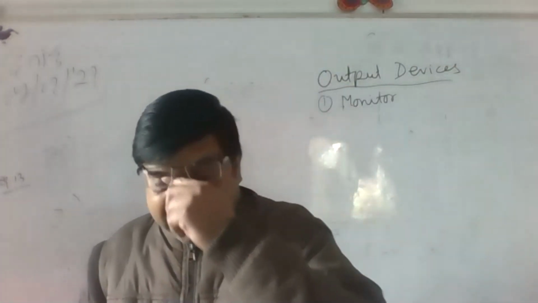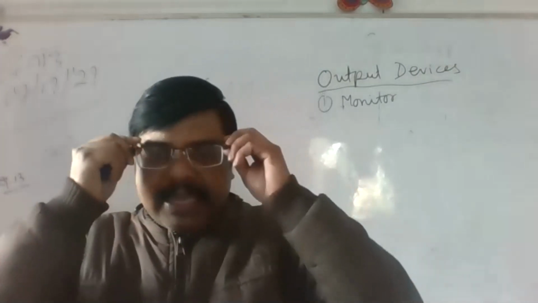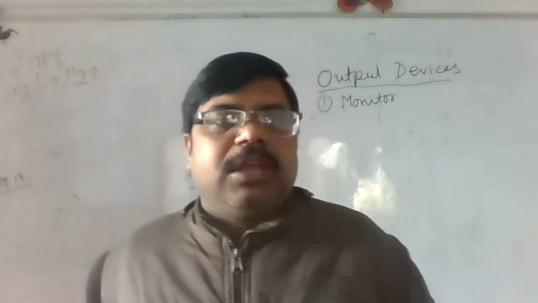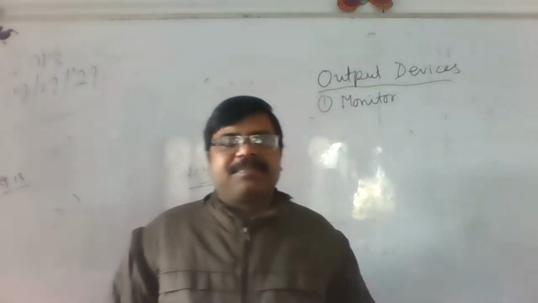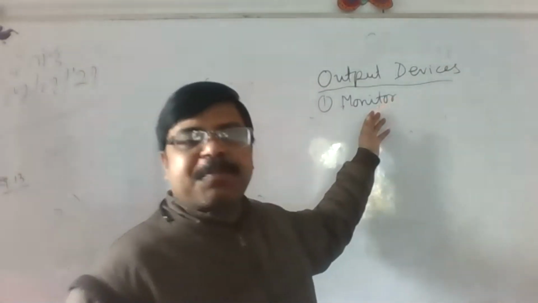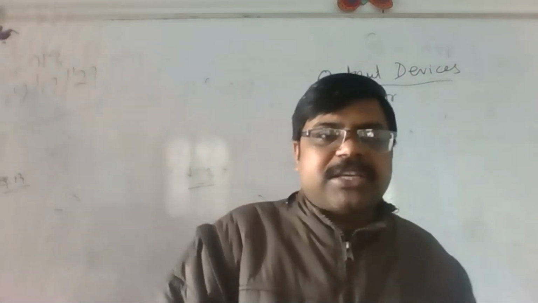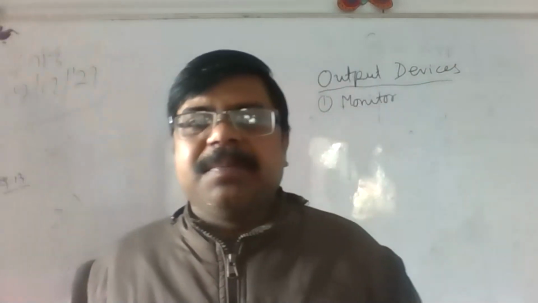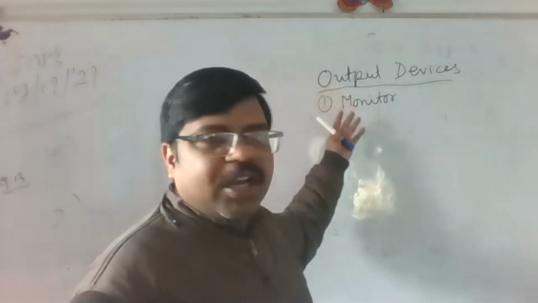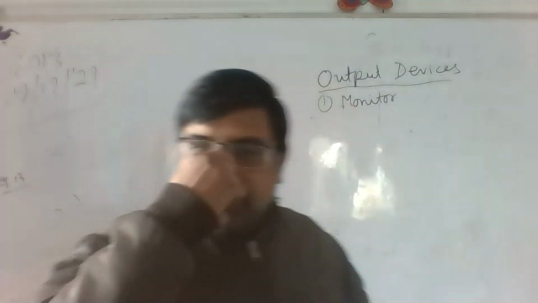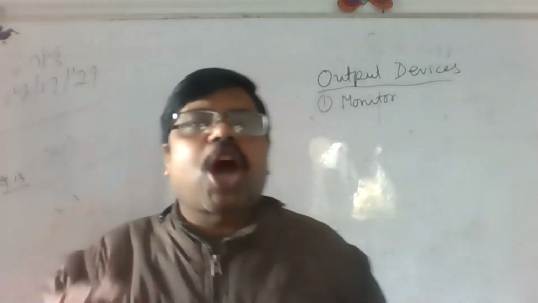But sometimes it behaves like an input device also, because when you feed your data, that data also gets displayed on the screen, and when your data is processed and you see the result, that result also gets displayed on the monitor. So it is the best output device.